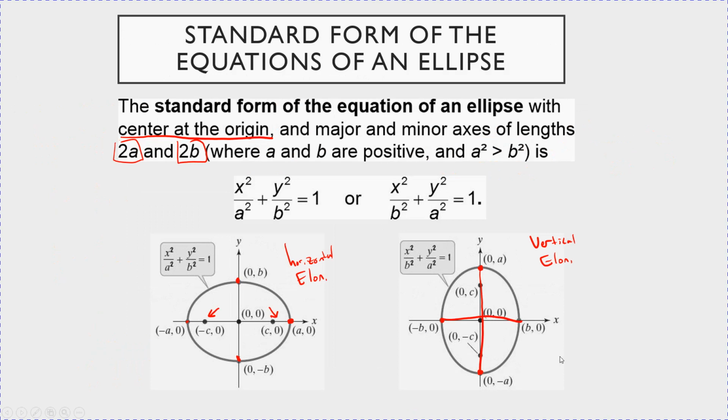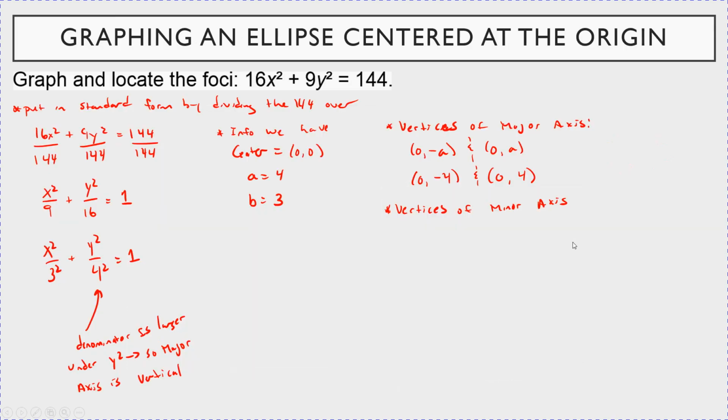It's negative b, comma 0 and b, comma 0. Almost made a little bit of a mistake there. So I have my b. So that's just negative 3, comma 0 and 3, comma 0.